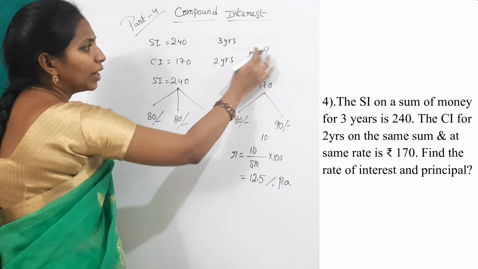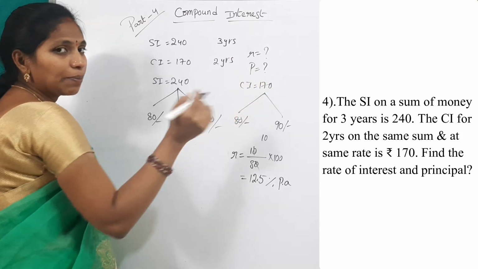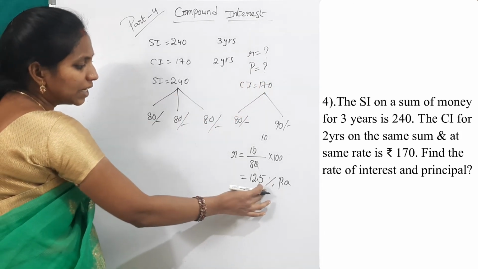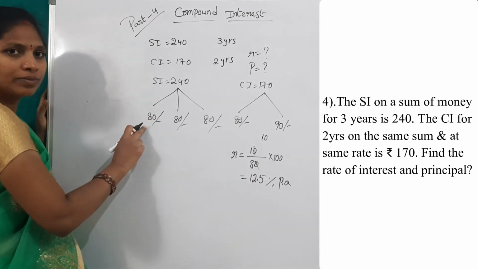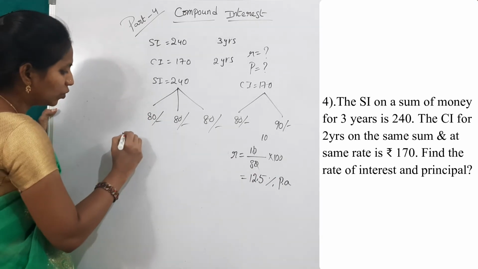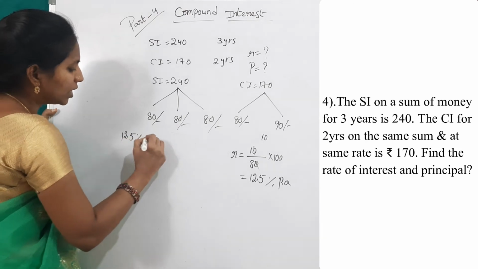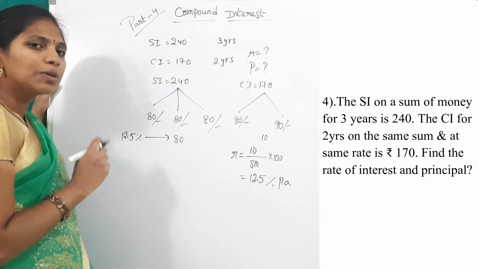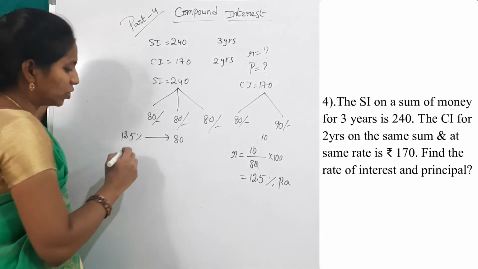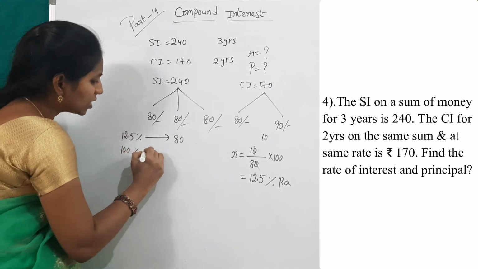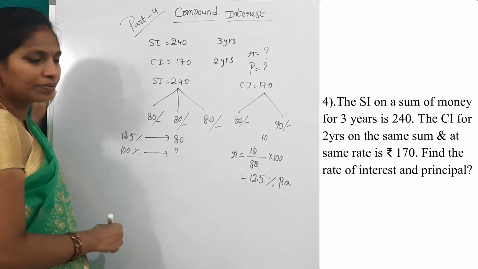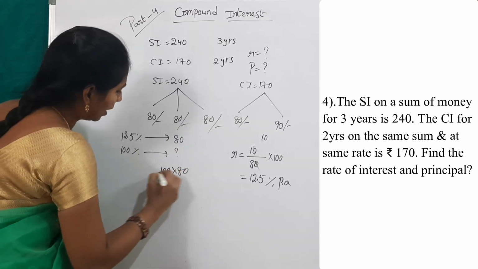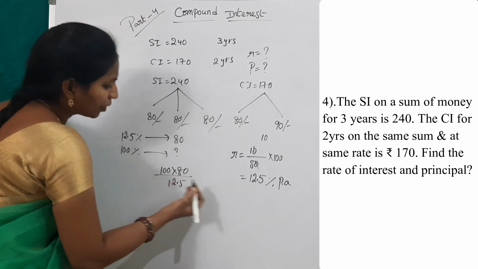Now we have to find out another value, that is the principal. Here 12.5 percentage is 80 rupees. Then principal is always 100 percentage. So 100 percentage is equal to how much? Cross multiplication 100 into 80 by 12.5.